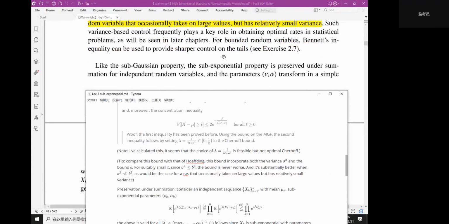So we get somewhat sharper control on the tails. So this is the example of choosing between the Bernstein bound and the Hoeffding bound.